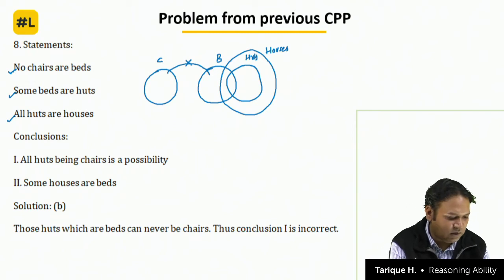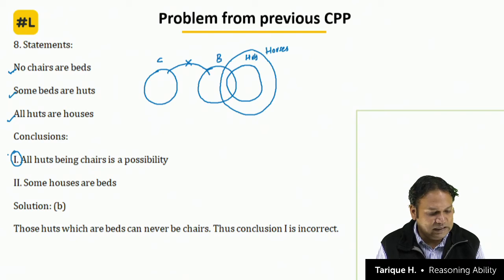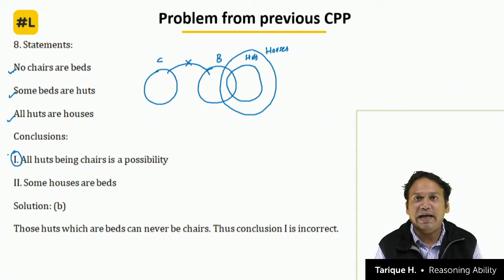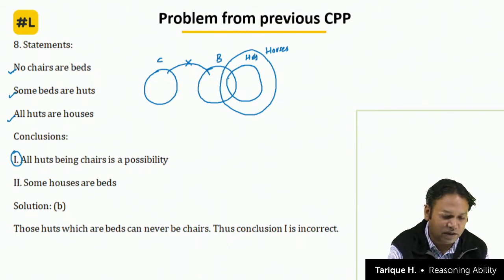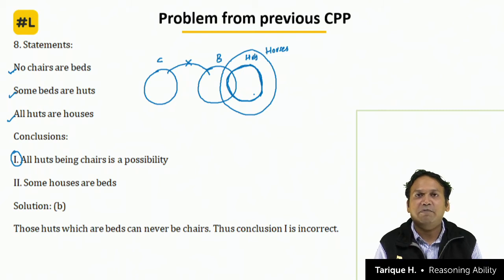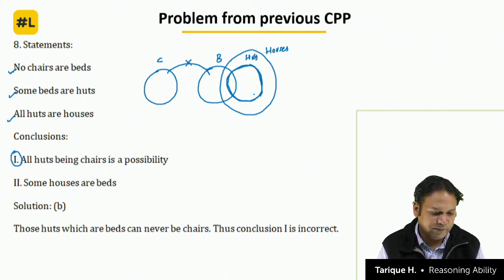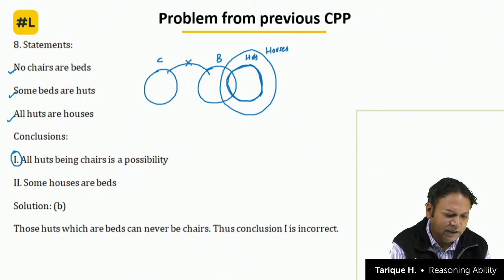And the first conclusion, if you observe, is: all huts being chairs is a possibility. Can all huts be chairs? Can the complete circle for huts be contained inside this circle for chairs? Now, is that a possibility? Can it happen or not? Now you see here, chair has a negative link with beds because no chairs can be beds.